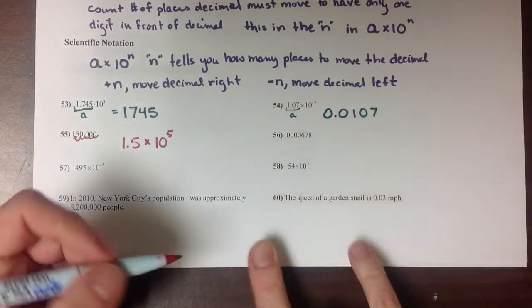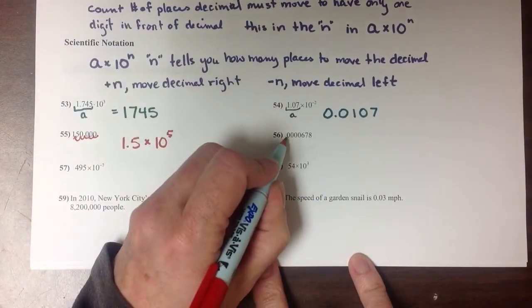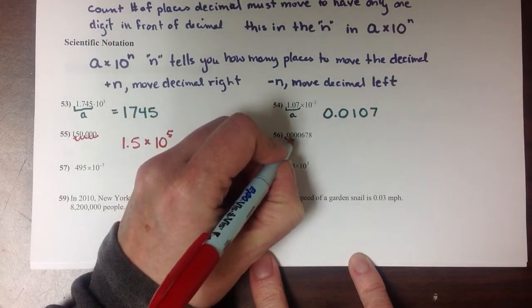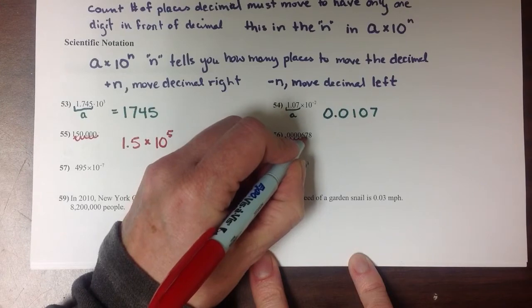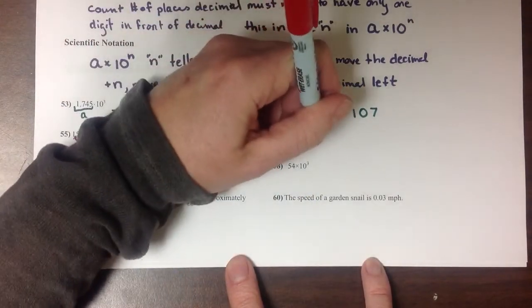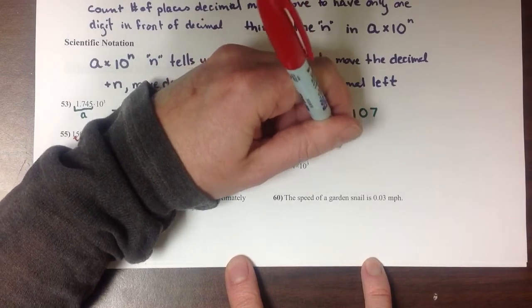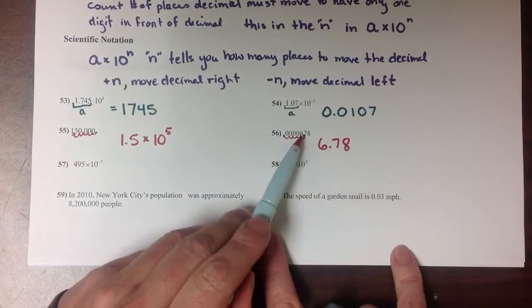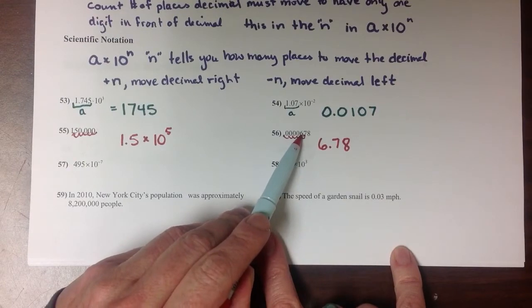Doing this one, I'll use the same process. My decimal's out front this time, and I see that I need to move it 1, 2, 3, 4, 5 places again in order to get A to be somewhere between 1 and 10. So I want to move the decimal until there's only one non-zero digit in front of it.